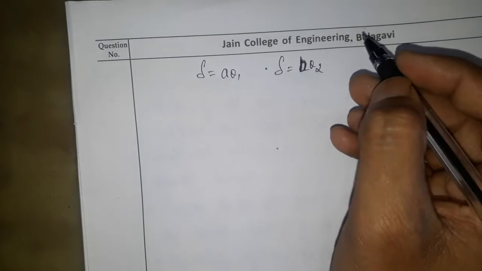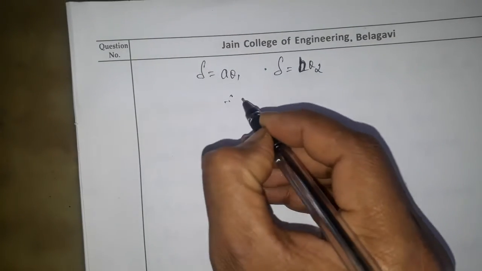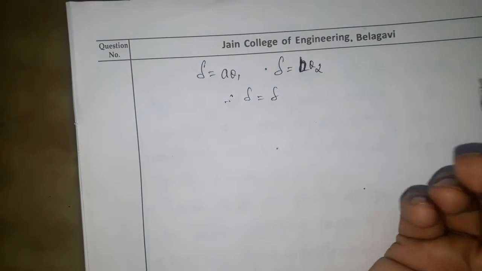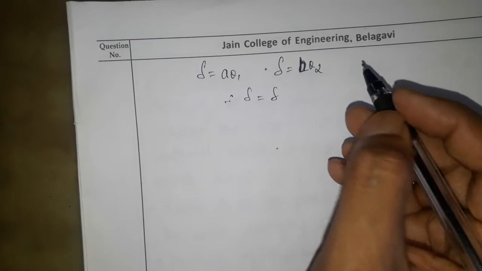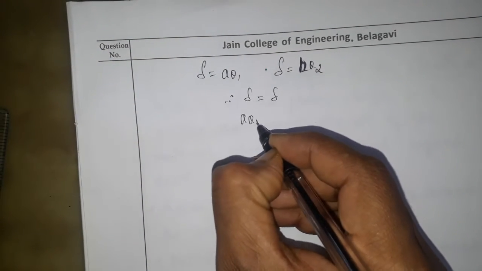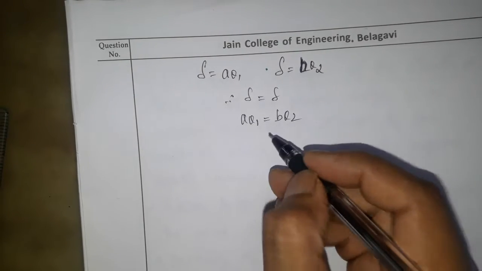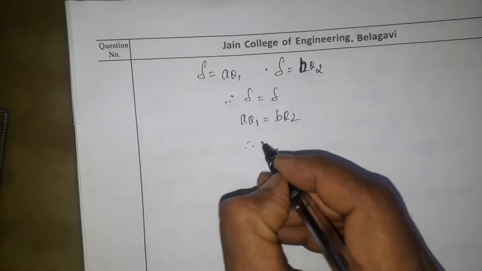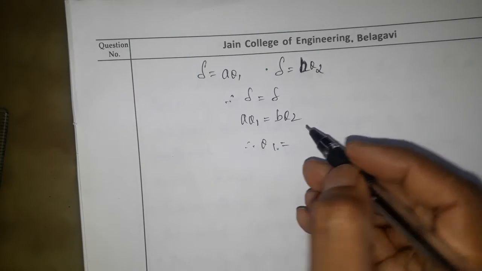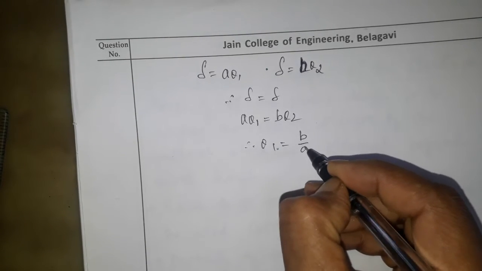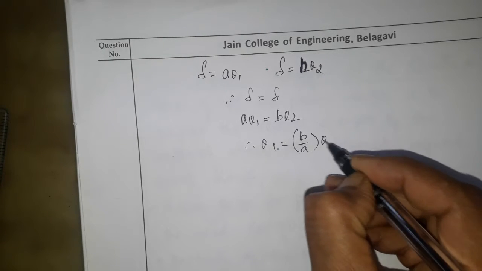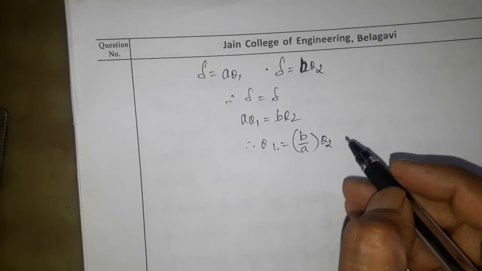So by equating both delta, A theta 1 is equal to B theta 2. So therefore theta 1 will be B by A theta 2.